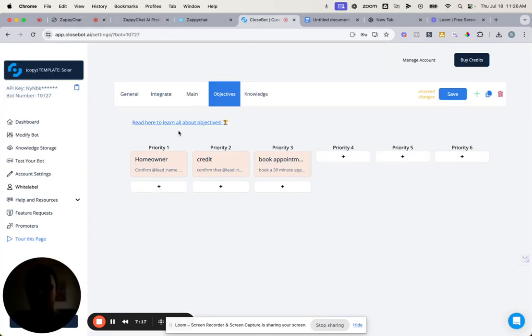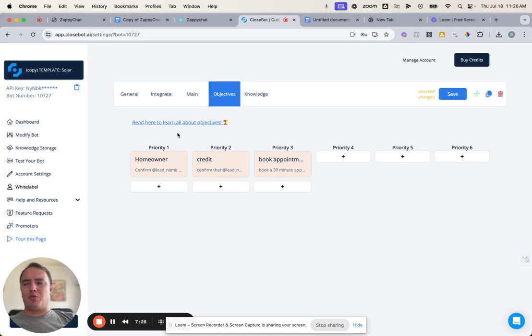Whereas in Closebot, you're building short prompts at a time, and what I found is that there were fewer mistakes that the bot would make, and there are also different things that you could do with Closebot.